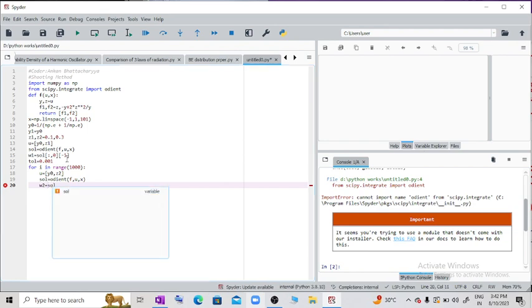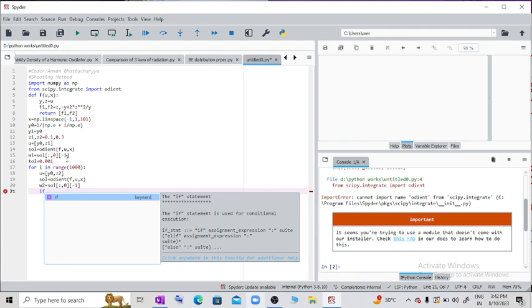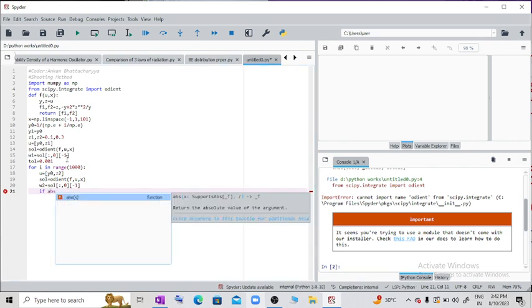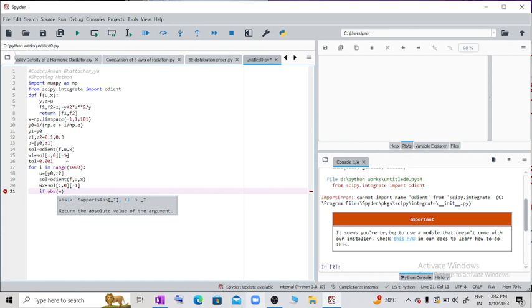So w2 will be the total solution, but I am interested only in the boundary value. The for loop will run until the difference between the two solutions is less than the tolerance.